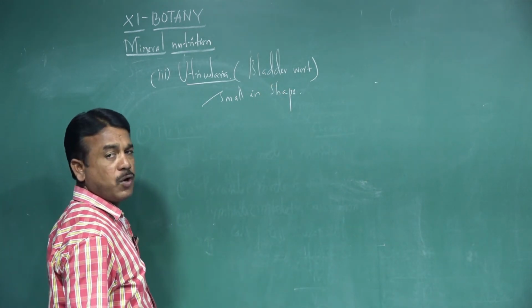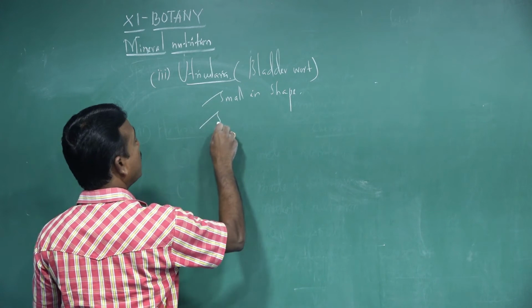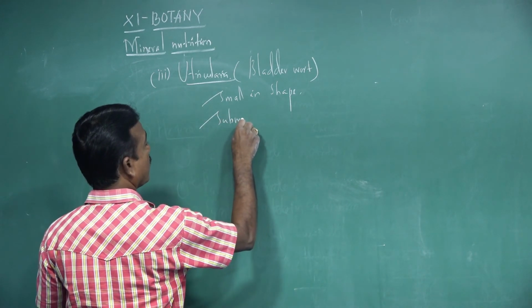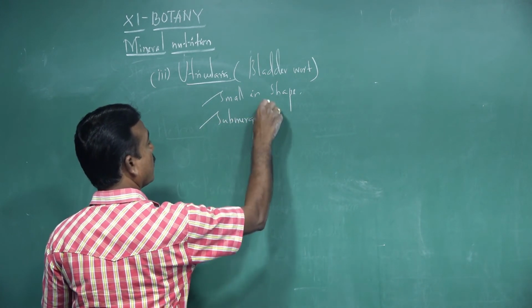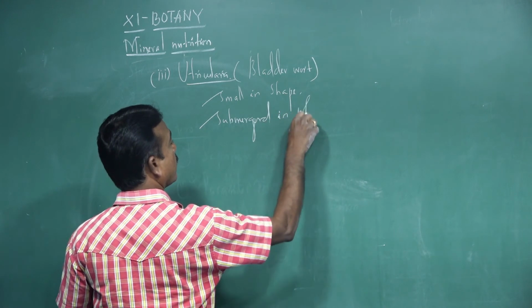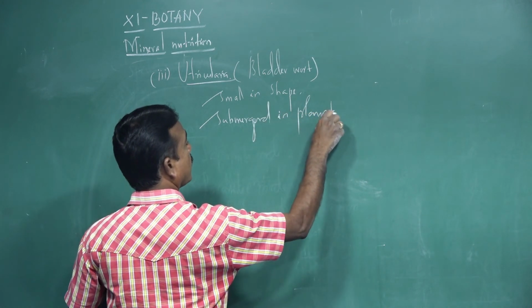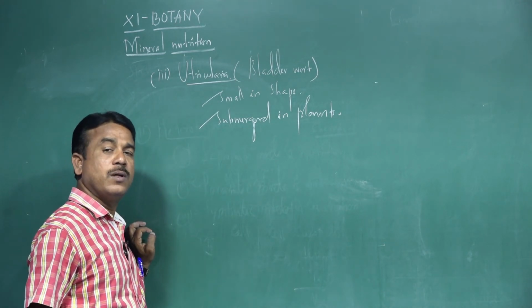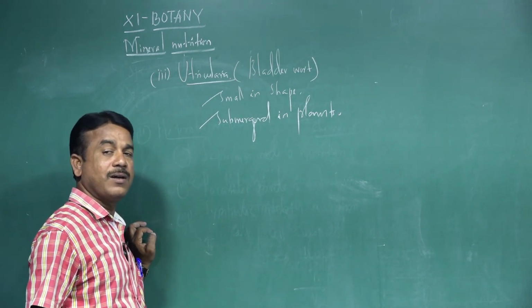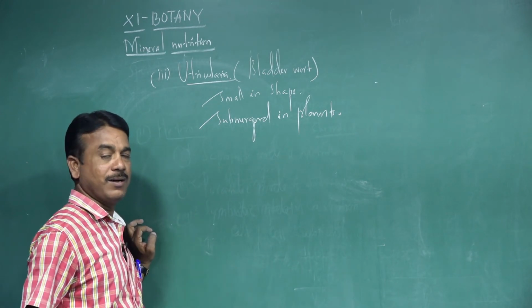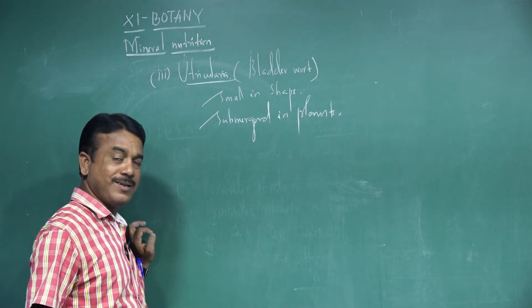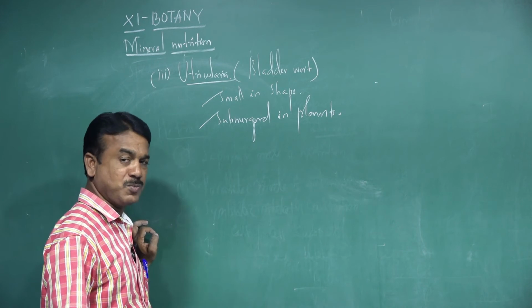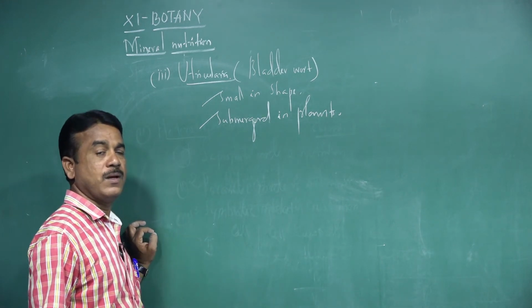It is usually found as a submerged plant. This kind of plant does not occur on the surface of water or in sludge area. It occurs at submerged level, but it is responsible for floating.